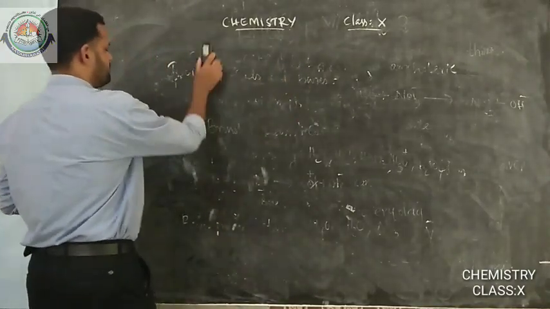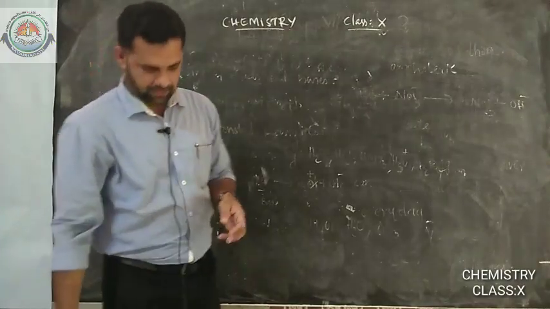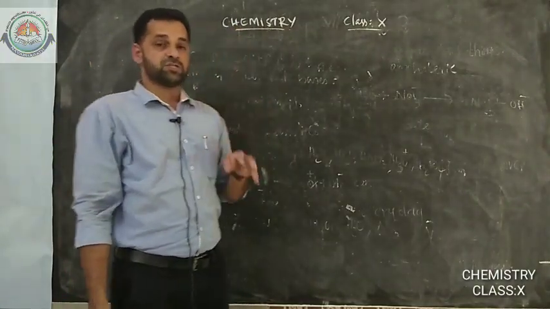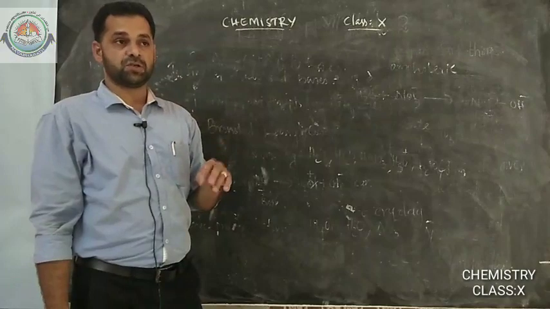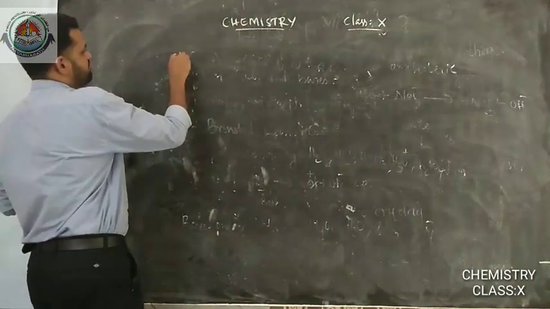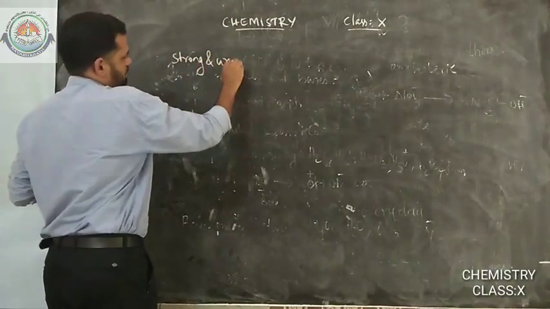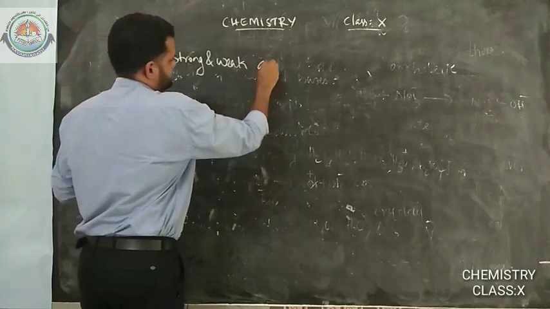Before that, one more term that we want to discuss. We heard about strong acid and weak acid, strong base and weak base, isn't it? So, the concept of strong and weak acids and bases.